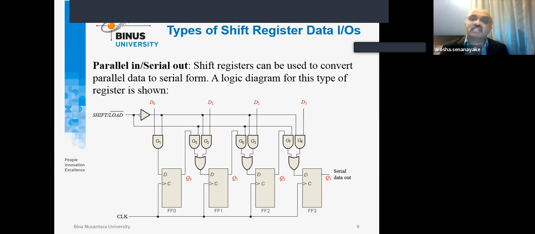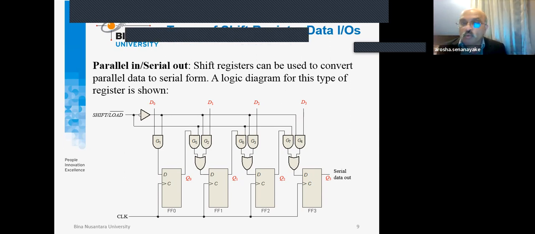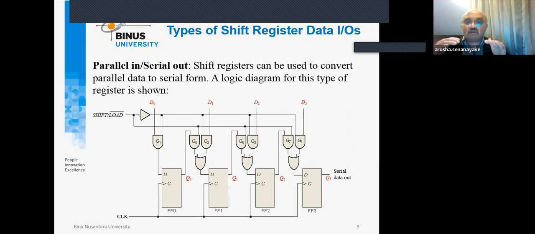So the logic diagram for this type of register is this. In this case, what is happening is that on the first clock pulse received, we enter all data D0, D1, D2, D3 in parallel, so that in Q0, Q1, Q2, Q3 you have all the data stored and available.